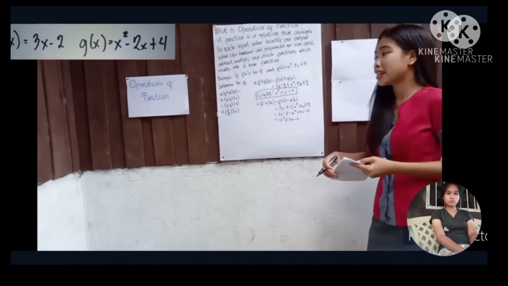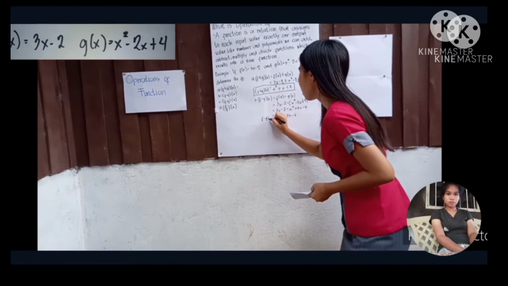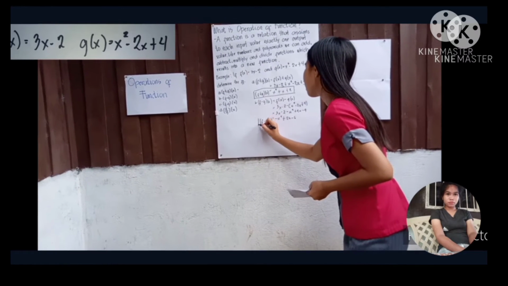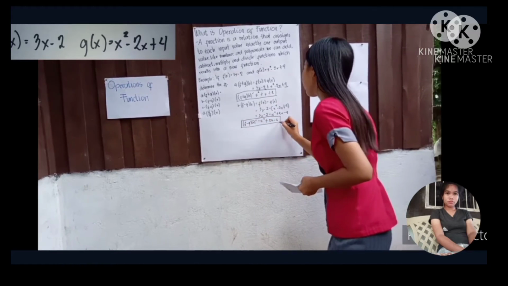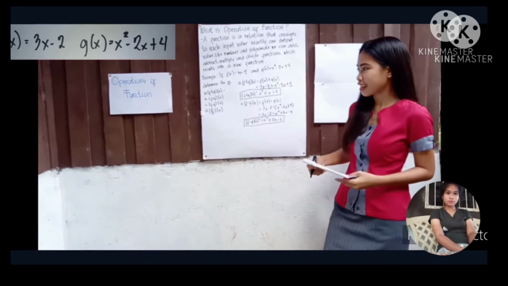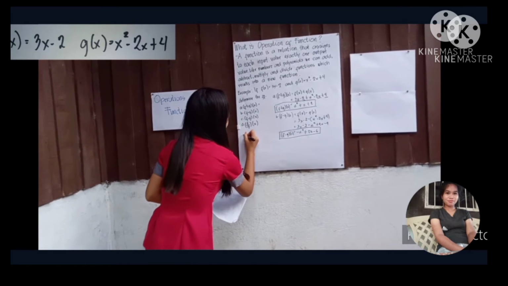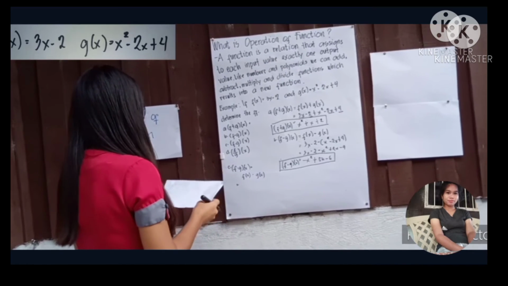So that is the value of f minus g of x. Next, let us proceed to letter C, f times g of x.